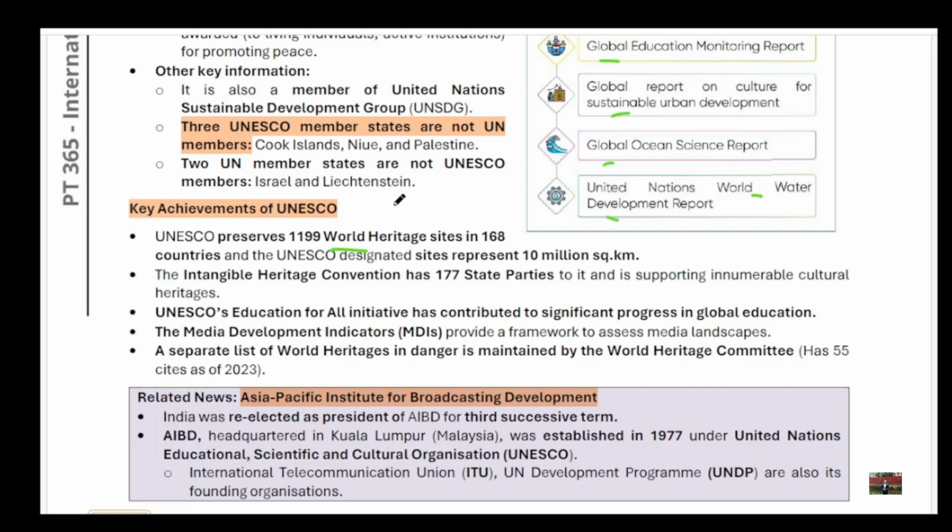And recently, the Garba dance from Gujarat has been enlisted as an intangible heritage under UNESCO, right? That is why it becomes very, very important. Now, the Intangible Heritage Convention has 177 states parties to it and is supporting innumerable cultural heritages, right? And recently, Garba became part of the Intangible Heritage Convention of UNESCO.